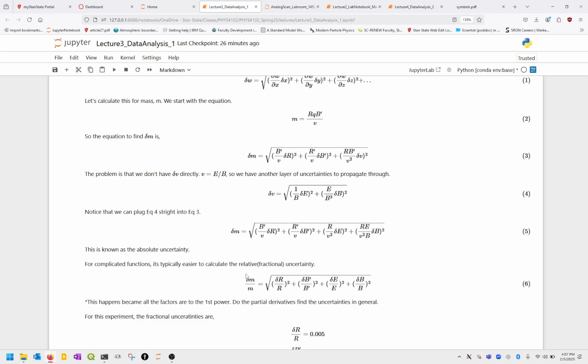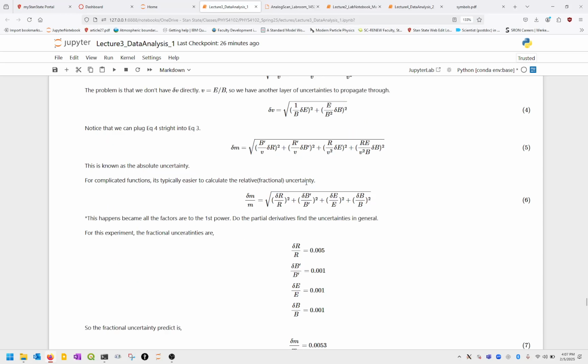Hopefully this can be done quickly. So now we know the uncertainty in V as a function of the uncertainty of E and B, and now you can plug this back up here, right? And then you get this giant long equation that sometimes draws correctly, sometimes does not. There it goes. It's pretty good now, right? And then you get to plug all this stuff in there.